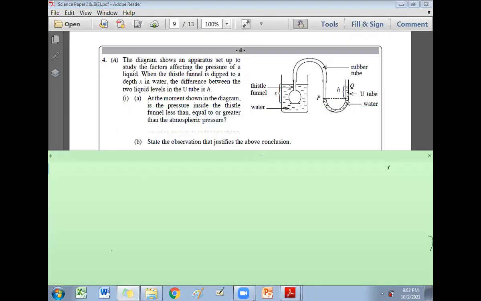What is this instrument called? Who can tell me the name of this instrument used to measure liquid pressure? Any volunteers? Ayad? The siphon tube. No. Any other volunteers?